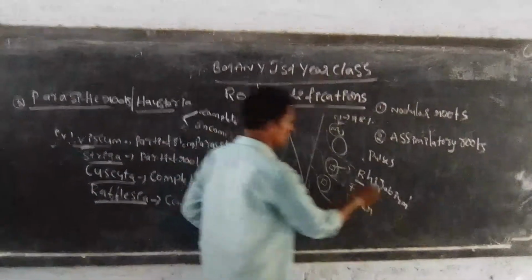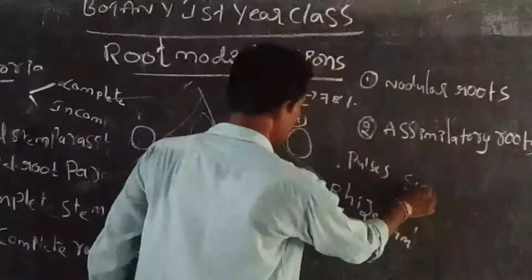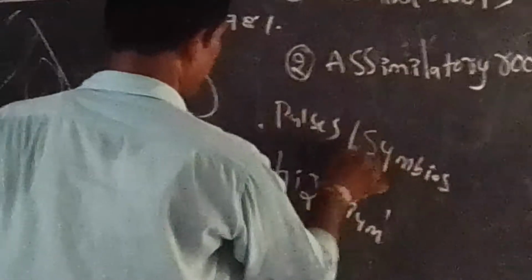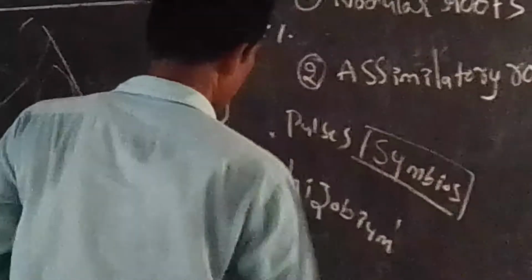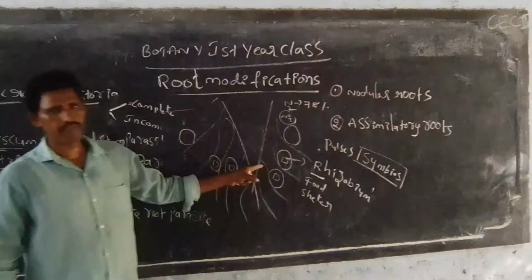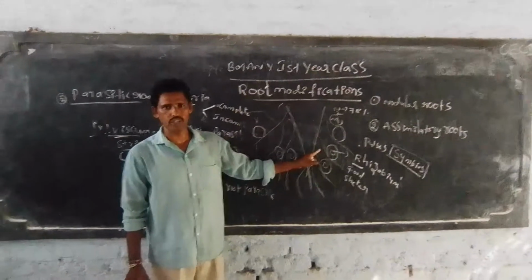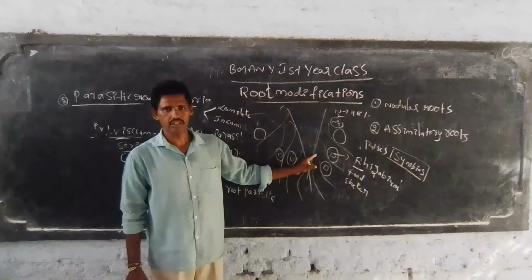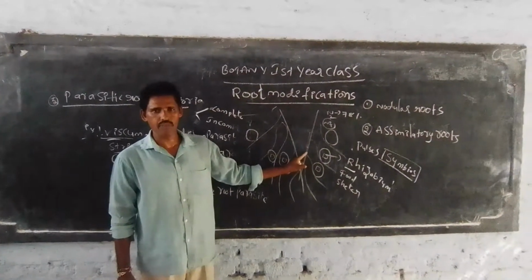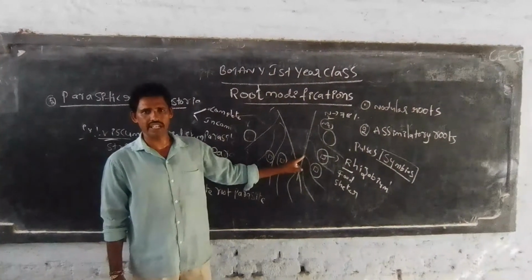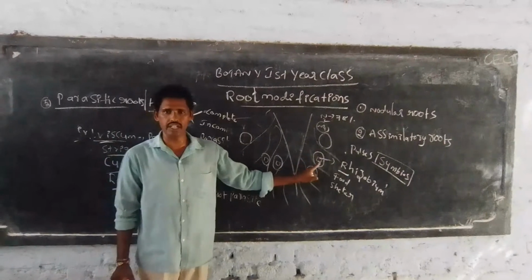This type of living process is called symbiosis: two living things in one system, both mutually benefited without harming one another.